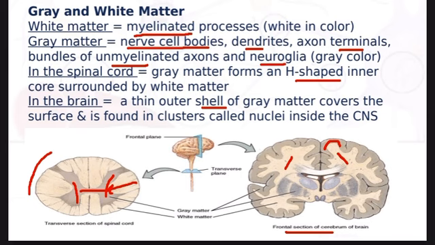Clear? So the information reaches the brain quickly, and the brain can send it very quickly to the outer cortex. It reaches the cortex from the thalamus and hypothalamus. This is the ventricles, that's why the color is different in the ventricles. This is gray matter here, and this is white matter. This is also gray matter. Clear? Is it clear?